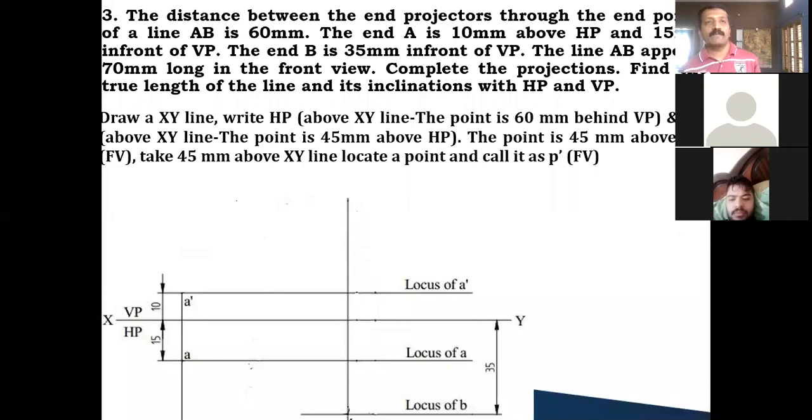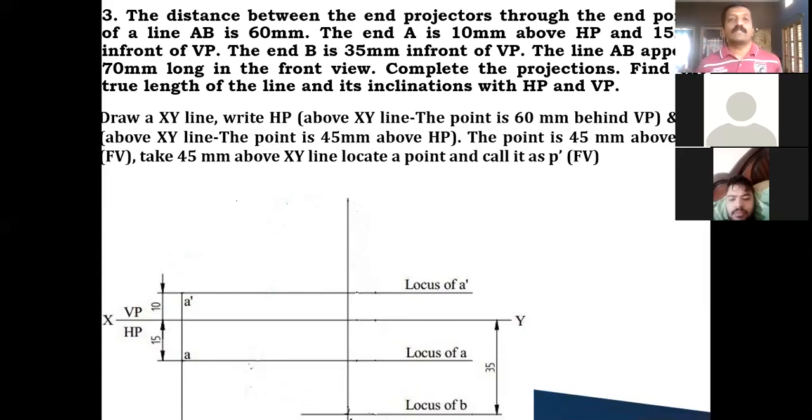Similarly, it is 15 millimeter in front of VP. You take 15 millimeter below the XY line and draw a horizontal projector line and call that the locus of A in the top view. Already point A dash you have marked. Draw a vertical projector from there, wherever it cuts 15 millimeter, this is your point A. So both A and A dash we have fixed.